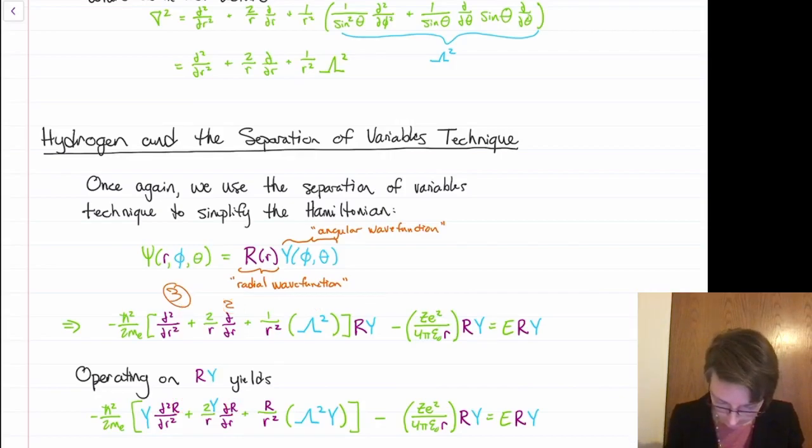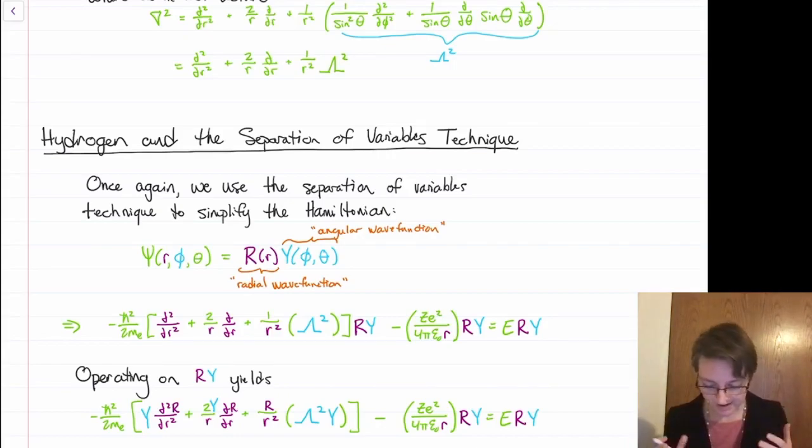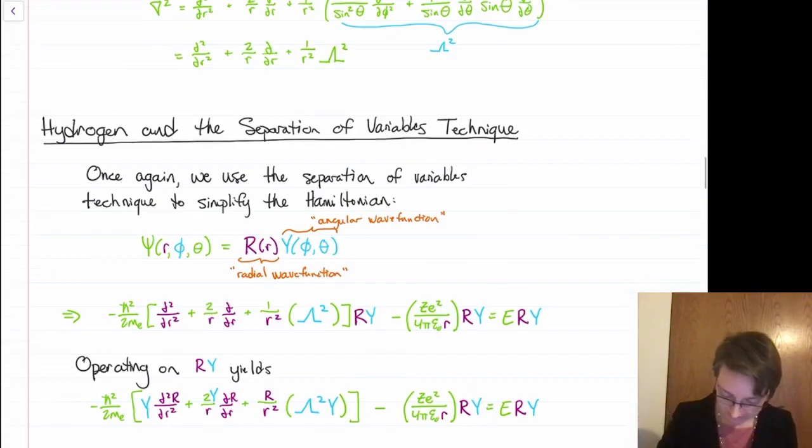And so now that we've done this, it's a little bit more clear to me where it is that I could divide or multiply by different functions in order to try one more time to play our game of let's get all the purple terms in one place and all the blue terms in another place.